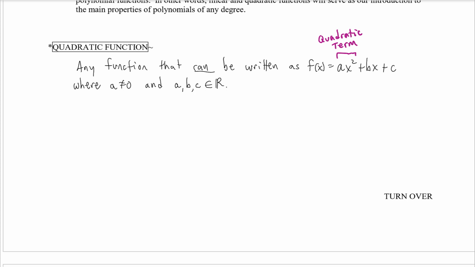So by having that term, we have a quadratic function. Whereas this is the linear term, right? Because we have x to the first power, so that's a linear term. And then this right here is just our constant.